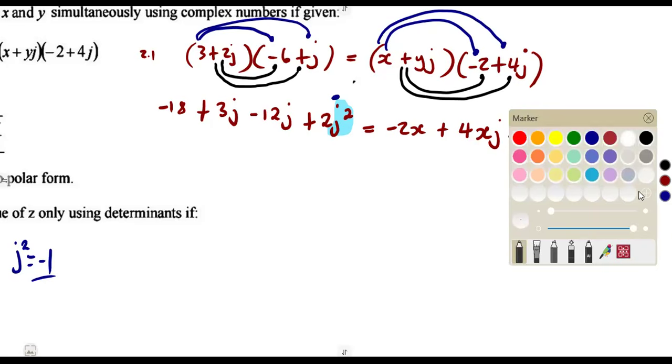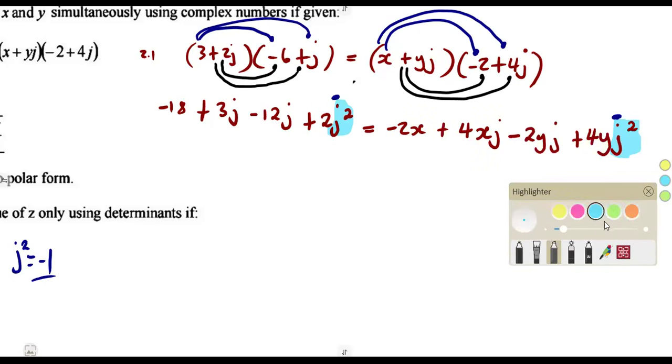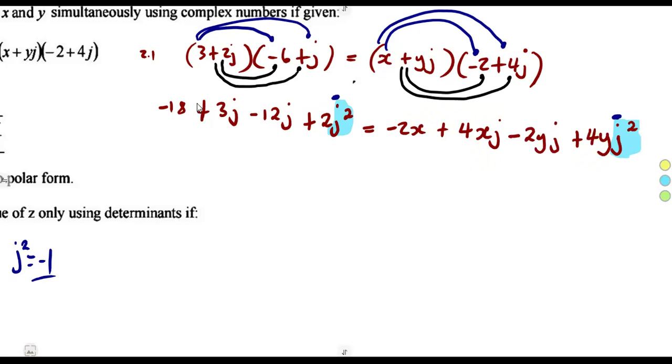Also, as we are simplifying, let us collect like terms at the same time. The 3j and the minus 12j, these are like terms, where we have the j on its own. So on the left-hand side, simplify this. On the right-hand side, I'm going to talk about this because we also have the part of a j there. They are not numbers that we can simplify like the left-hand side.